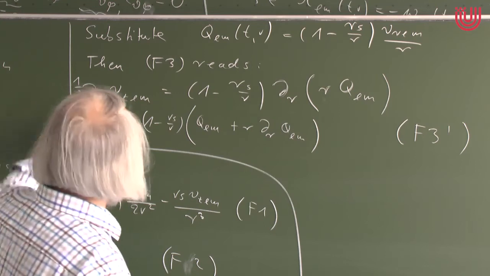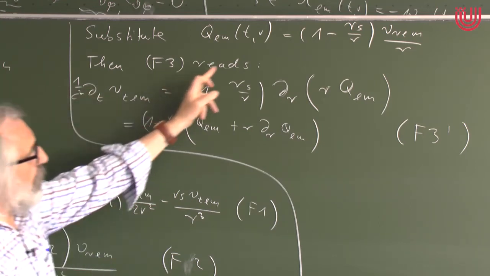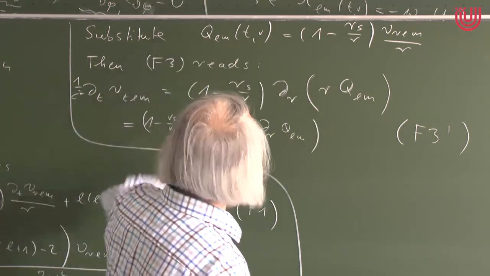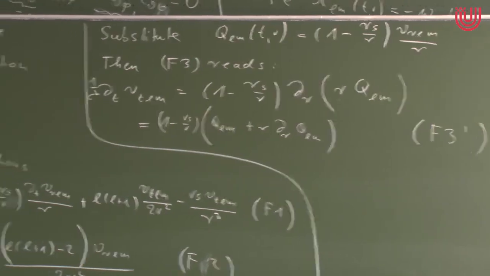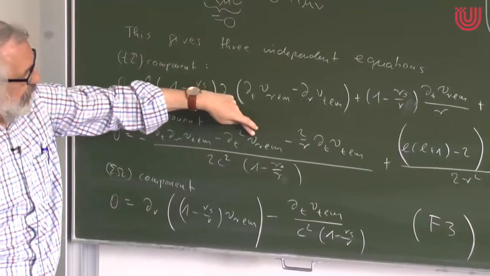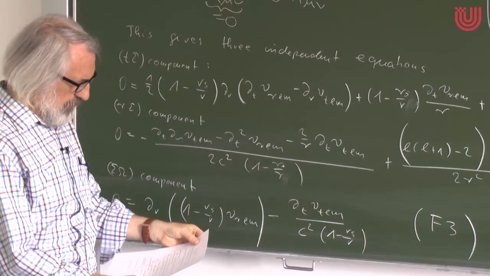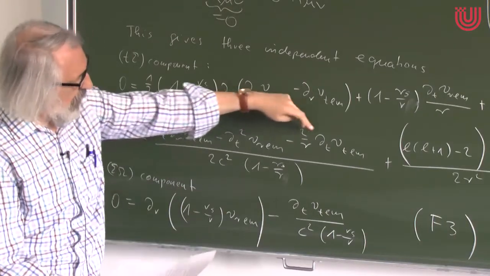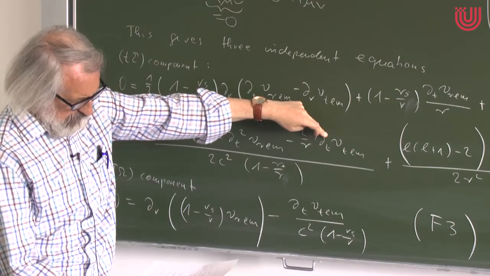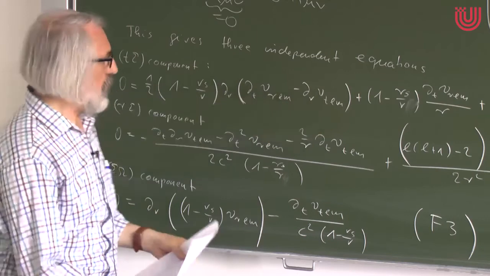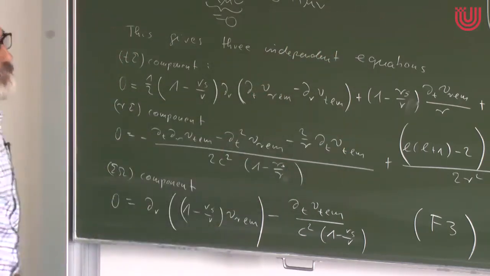So what's the idea? Now I have expressed the time derivative of Vt in terms of expressions which only involve this q. And now I look at F2. Here I have a time derivative of Vt. Here I have a time derivative of, no, is this a t? Vr. No, this is an r actually, but here I have a dt. Yes, here I have a dt. So I can replace these two terms with the help of this equation.